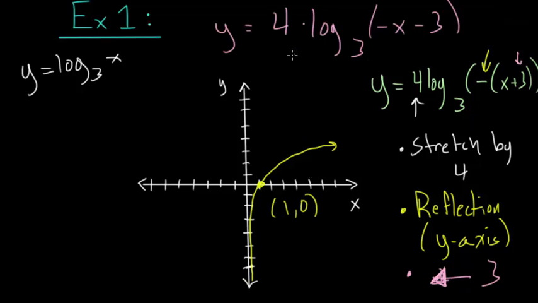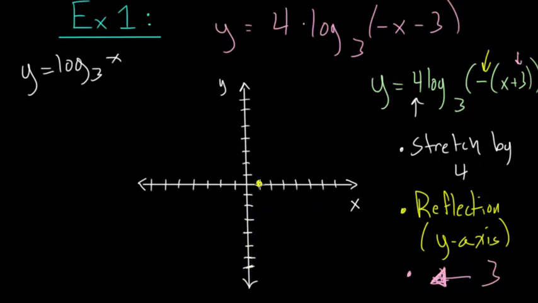What I like to do when graphing more complicated logarithms is track what happens to this point (1, 0). Though if you want, you can also find another clean point on this graph and see how that's transformed. For instance, with an x value of 3, the function should be equal to 1, and you can see I didn't draw this perfectly because it would be down here. But that's another option, looking at where that point moves as we transform this.